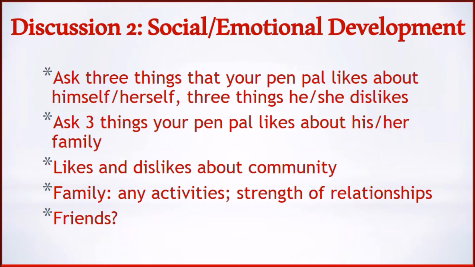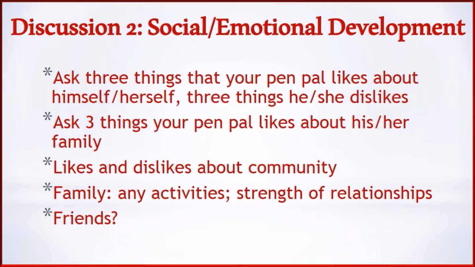And then, of course, friends, and the strength of those relationships. Learn a little bit about their friends, encourage your adolescent, and let them know that you are also a friend for them. So engage in that conversation and provide some advice.